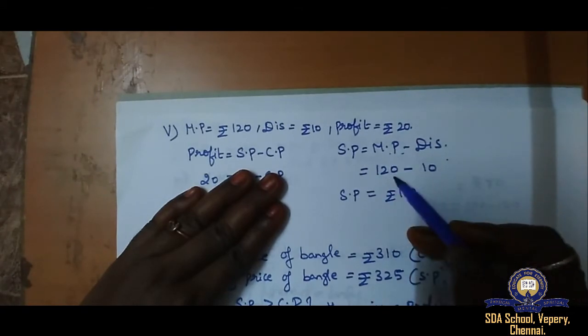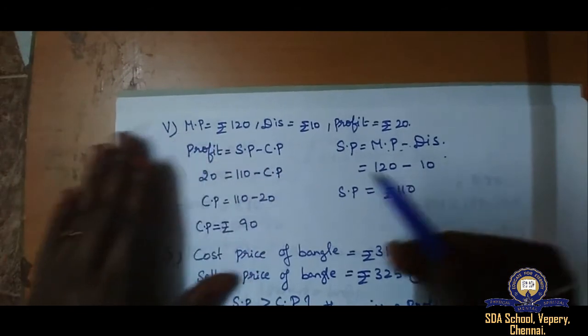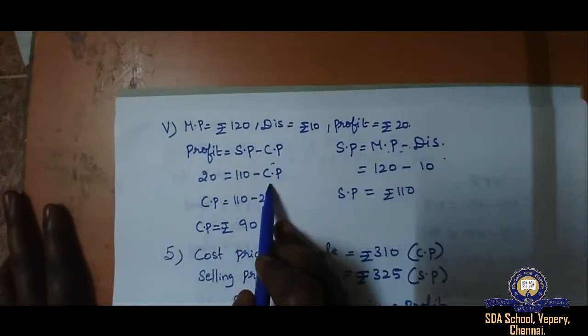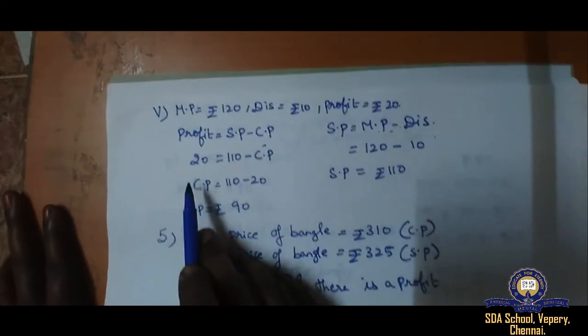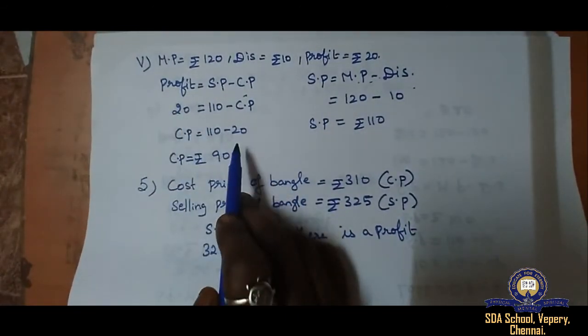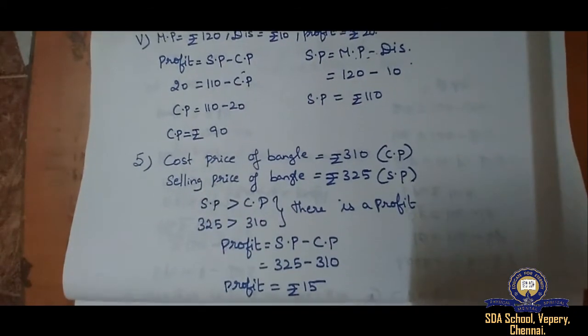Marked price is 120 minus discount is 10. So 110. After finding out this, you can go with this. So instead of SP, 110 minus CP. So here this minus CP I have to this side plus CP, 110 plus 20 if it comes this side minus 20. So CP is equal to 90 rupees. That's all for fifth division.